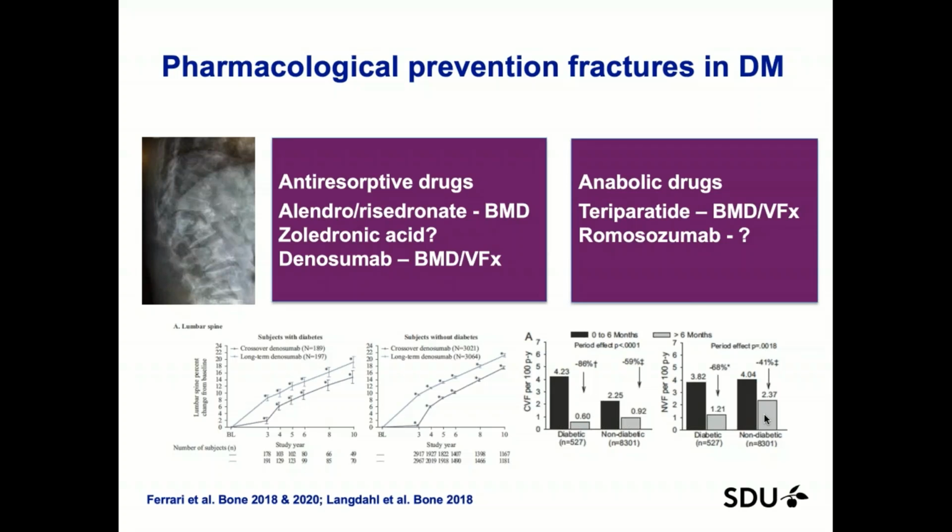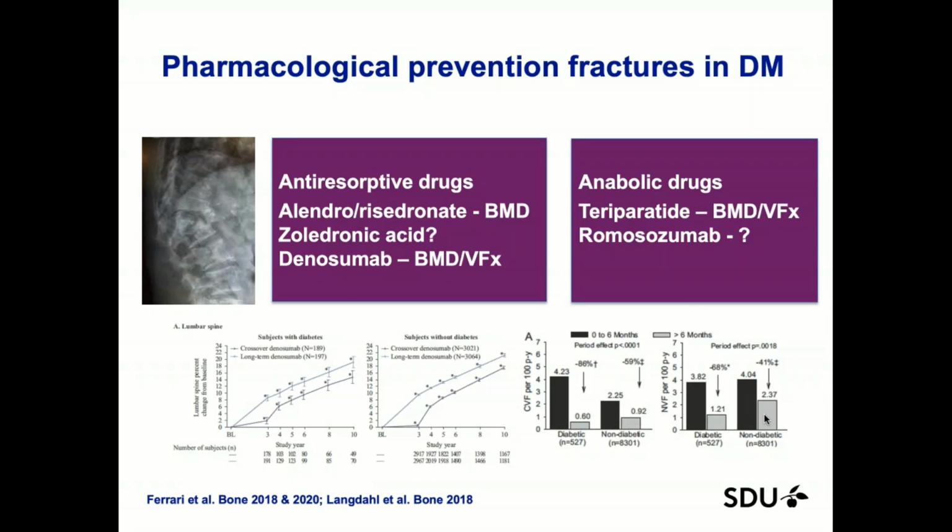And there are a number of studies looking at the effect of teriparatide on bone mineral density and vertebral fractures in patients with diabetes, and one of them reported by Bente Langdahl and a lot of other co-authors demonstrated that teriparatide is effective in preventing fractures in patients with diabetes, perhaps more than in non-diabetics.